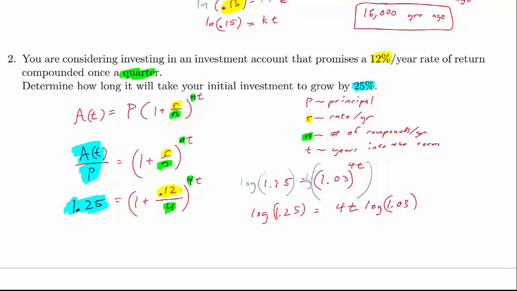Note, t is what we're looking for, so we're going to solve for t. So t equals log of 1.25 divided by 4 times log of 1.03. Note on this step here, we used one of our rules for logarithms that we proved higher up on the sheet.